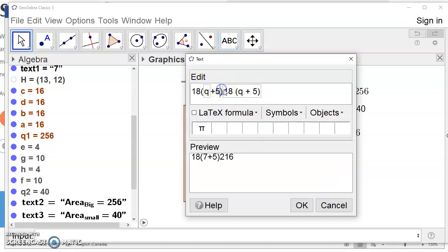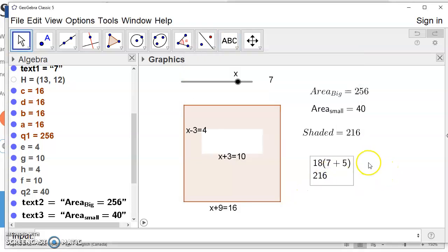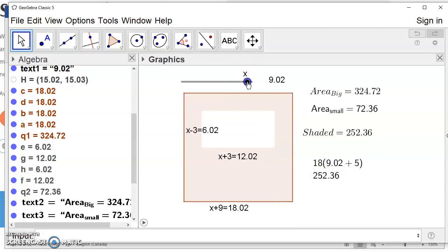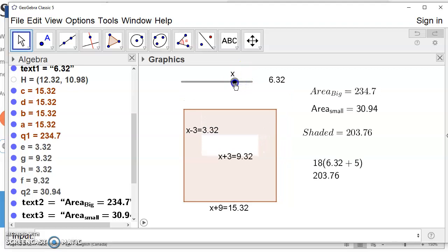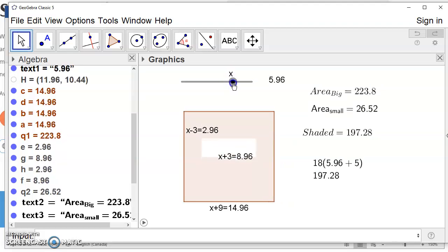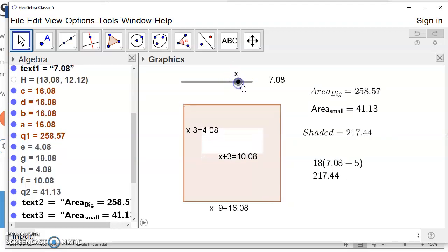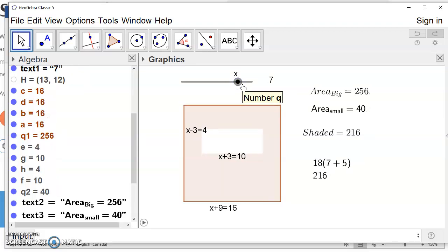If we do it this way, you can see that our expression, 18 times x plus 5, also gives you the answer, right? And it actually gives you the same answer every time, no matter what variable I try. I can set x to anything I want, and the area is always the exact same.